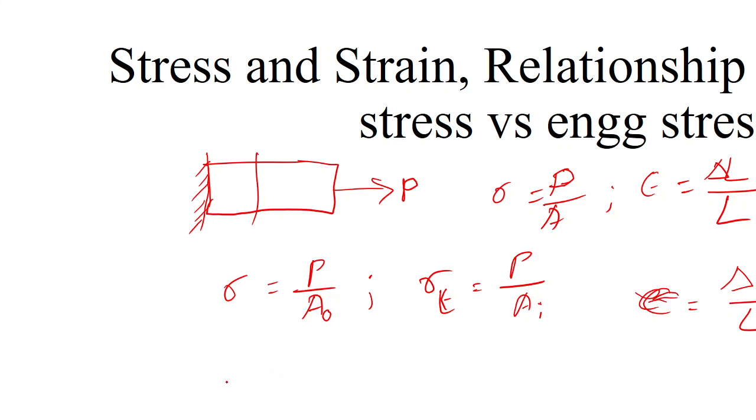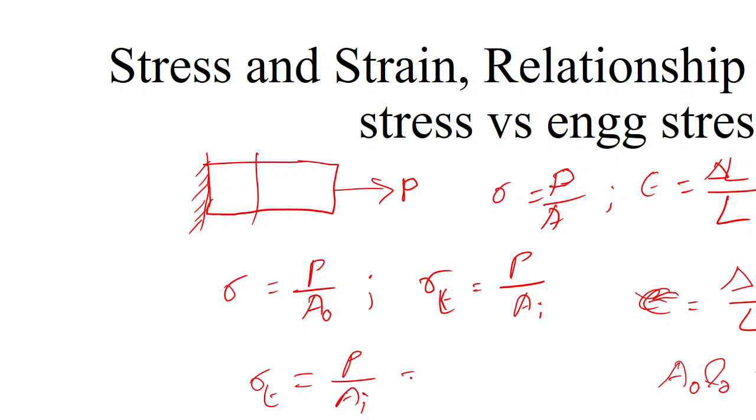To get the relation between true stress and true strain, we start with sigma t equals P by Ai. Based on volume consistency, the volume of material before and after deformation remains unchanged. If I start with the initial cross section A naught and initial length L naught, and the instantaneous area Ai and length Li, the volume is conserved during the deformation.